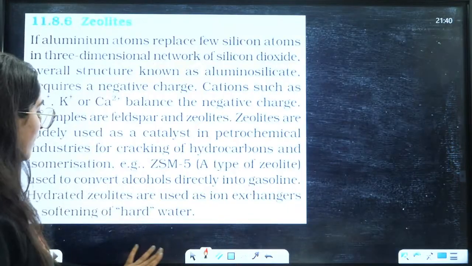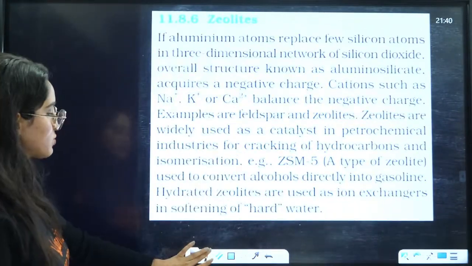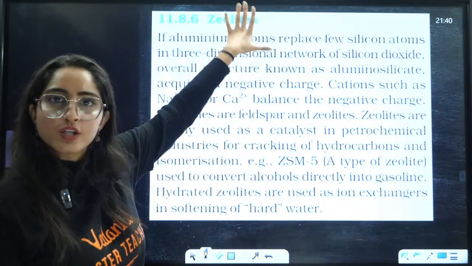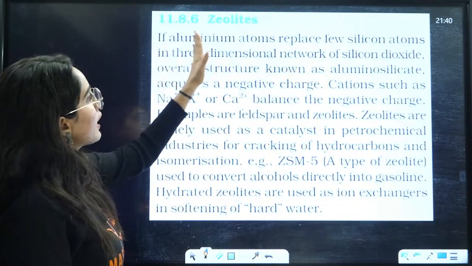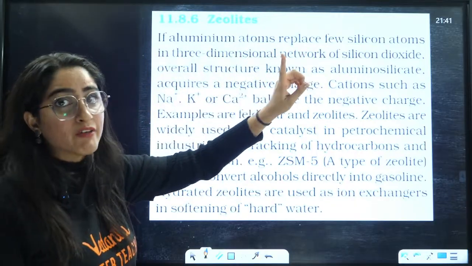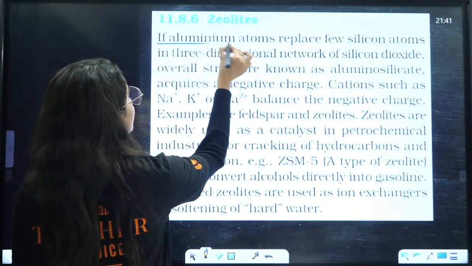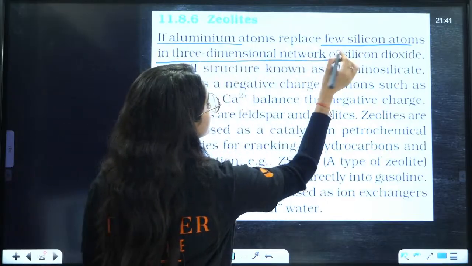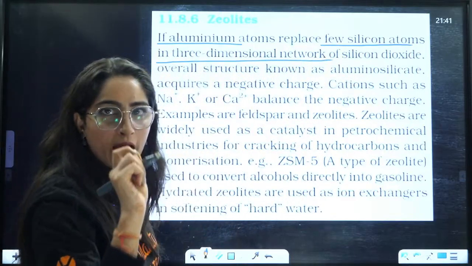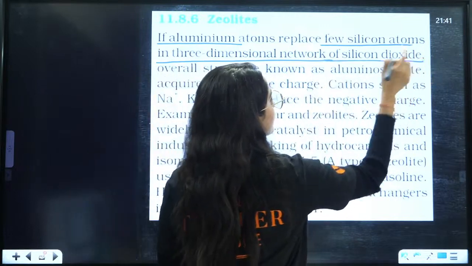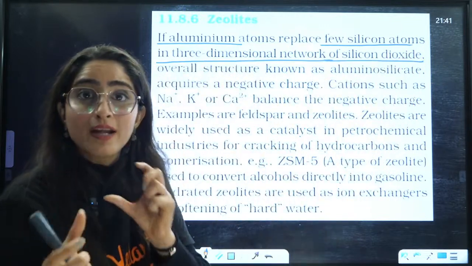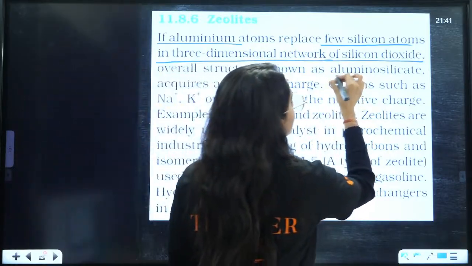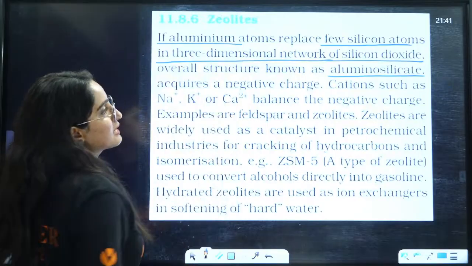Then we have zeolites, the last thing of this one. Zeolites, these are silicates only that are in your NCERT, so we will do that. Very, very important: if aluminium atoms replace a few silicon atoms in the three-dimensional network structure of silicon dioxide, the overall structure is known as aluminosilicate and acquires a negative charge.